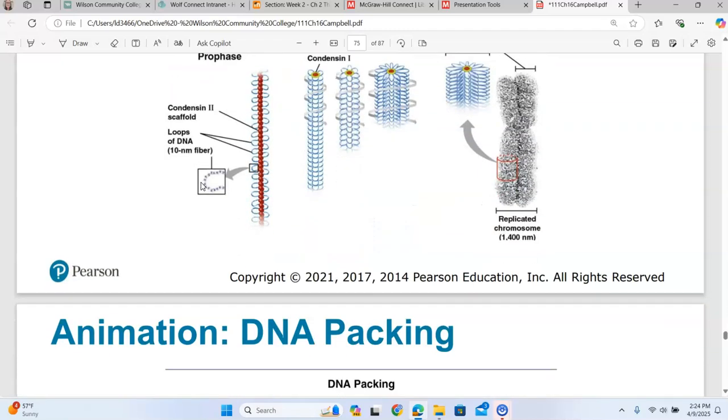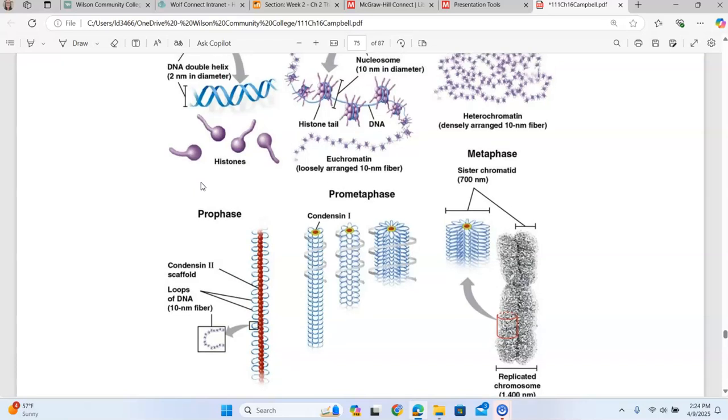So basically this shows you that during interphase, or during prophase, the chromatin starts condensing.